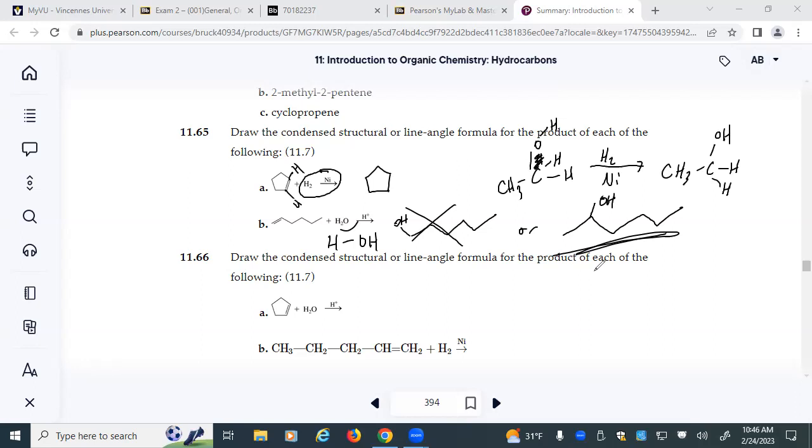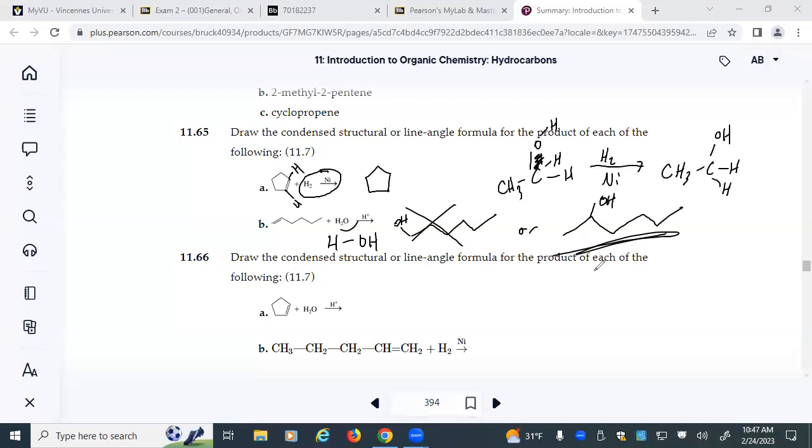In some cases, it doesn't matter. In some cases, it does. So in this case, I'm looking at, do I make a primary alcohol or a secondary alcohol? I'm going to make a secondary alcohol because there are more H's on the end than in the middle.